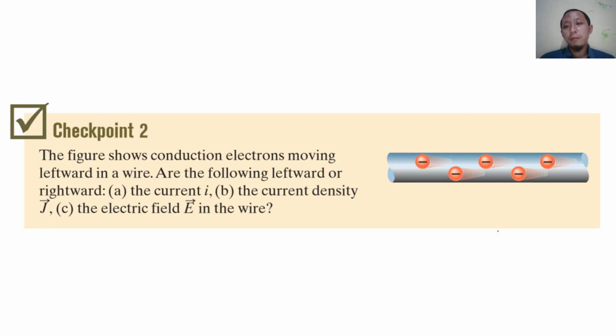The electrons are moving leftward like this, so the current direction is opposite to the electron movement. So the direction of the current is like this, like a positive carrier, the opposite way from the electrons.